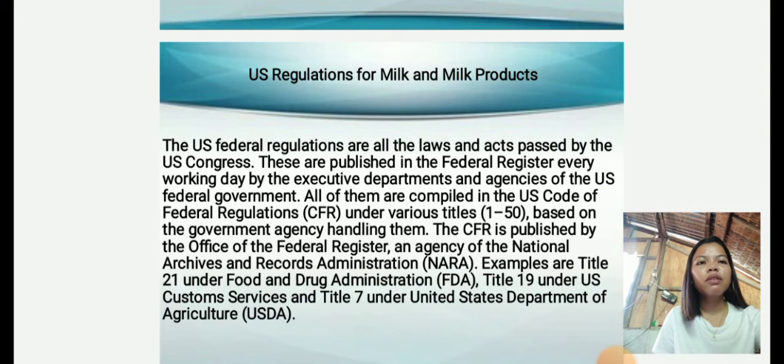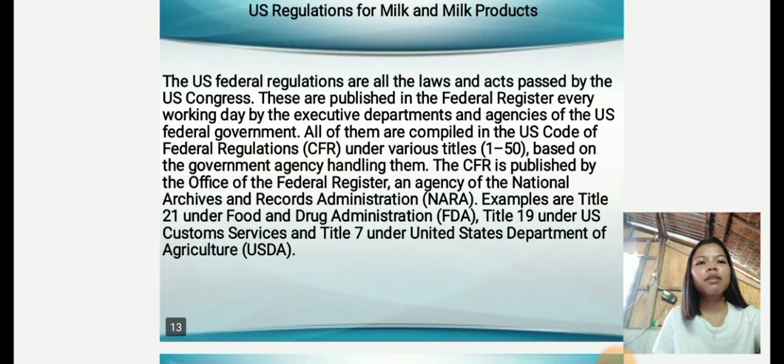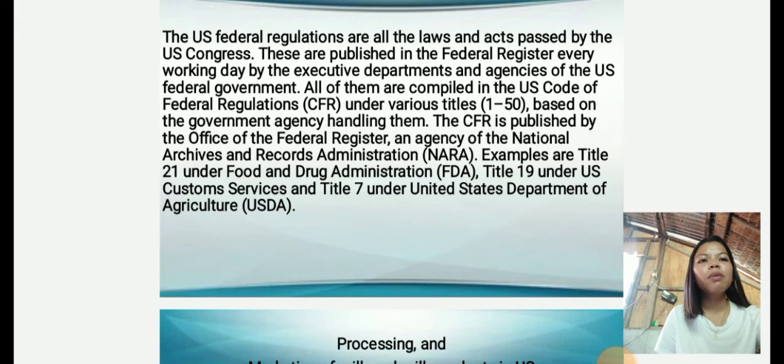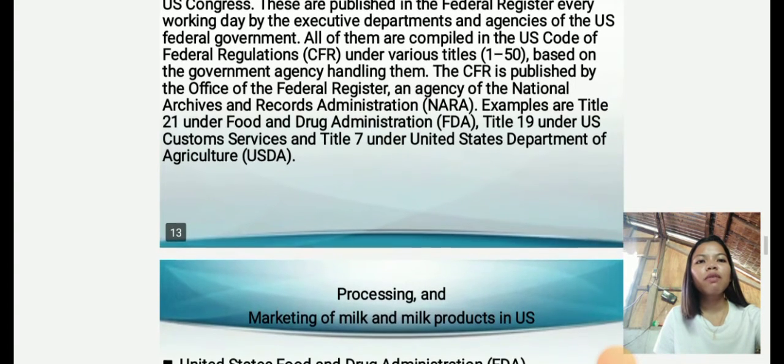U.S. regulations for milk and milk products. The U.S. federal regulations are all the laws and acts passed by the U.S. Congress. These are published in the Federal Register every working day by the executive departments and agencies of the U.S. federal government.